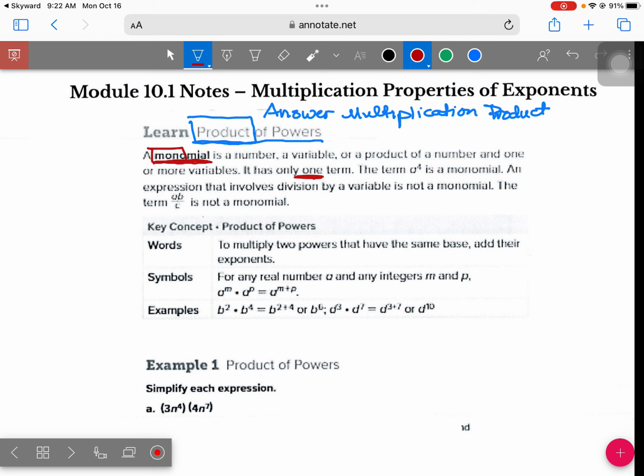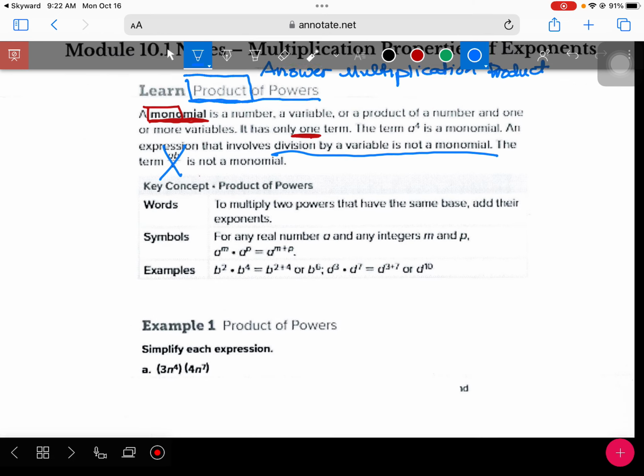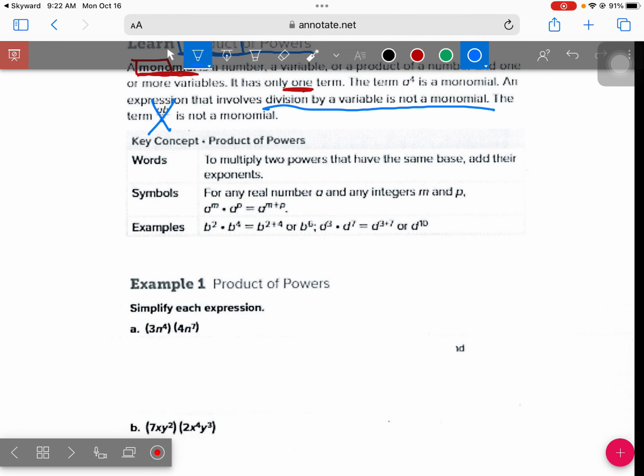The term a to the 4th is a monomial. An expression that involves division by a variable is not a monomial. So if you have division in it, it's not a monomial. So a times b divided by c, not a monomial.